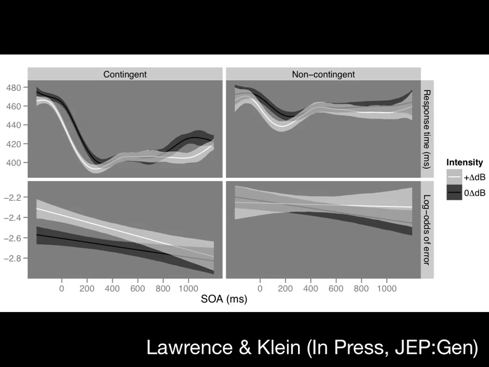I also manipulated SOA, in a relatively continuous manner in the non-contingent conditions, so there weren't discrete bins of SOA in this condition. There were discrete bins of SOA in this condition, but relatively finely sampled. There were 16 bins across this whole range here.